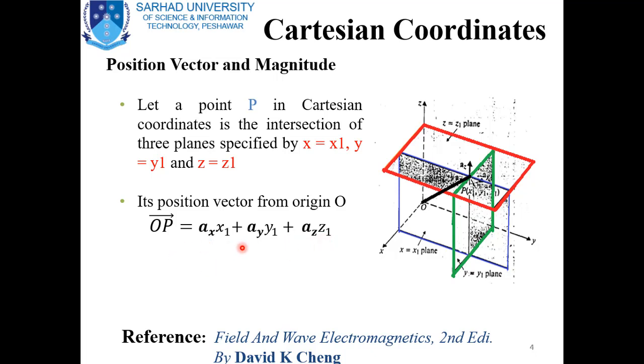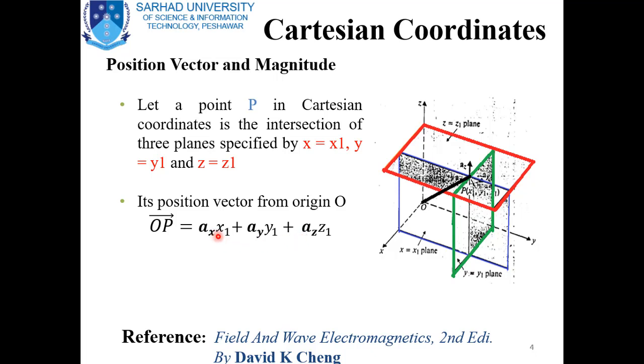Here ax, ay and az are the unit vectors in the Cartesian or rectangular coordinate system. In some books these unit vectors are represented by i, j and k.